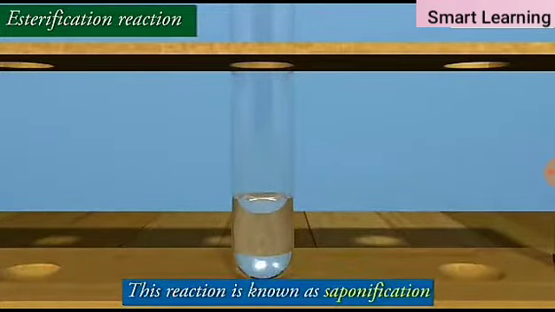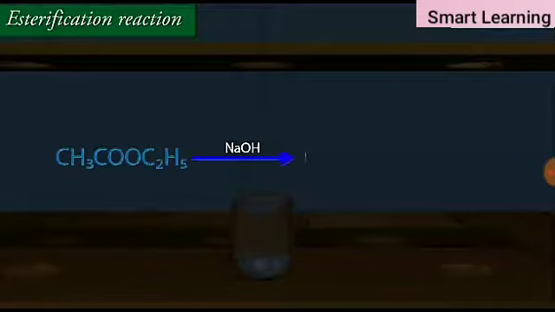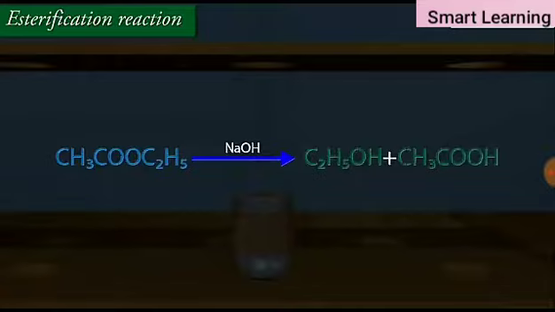This reaction is known as saponification because it is used in the preparation of soap. The reaction being CH3COOC2H5 in the presence of NaOH gives C2H5OH plus CH3COOH.